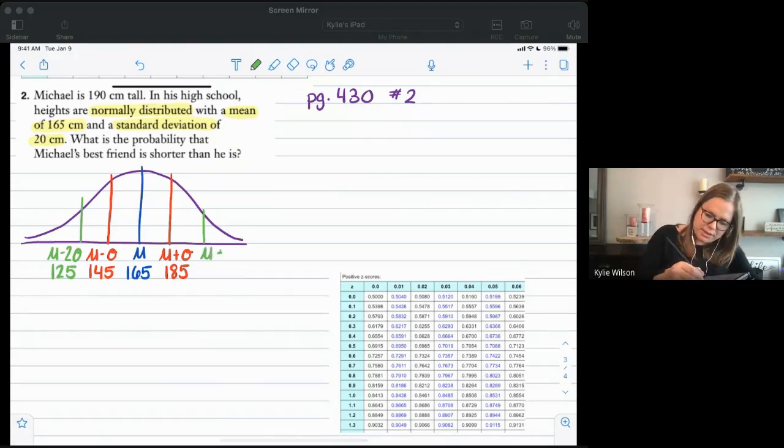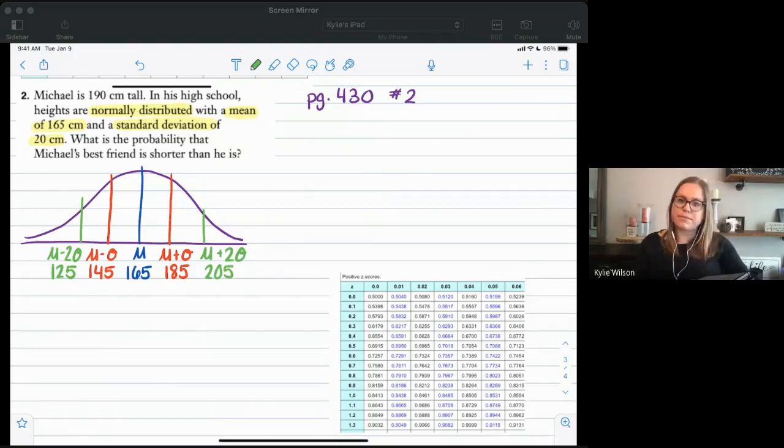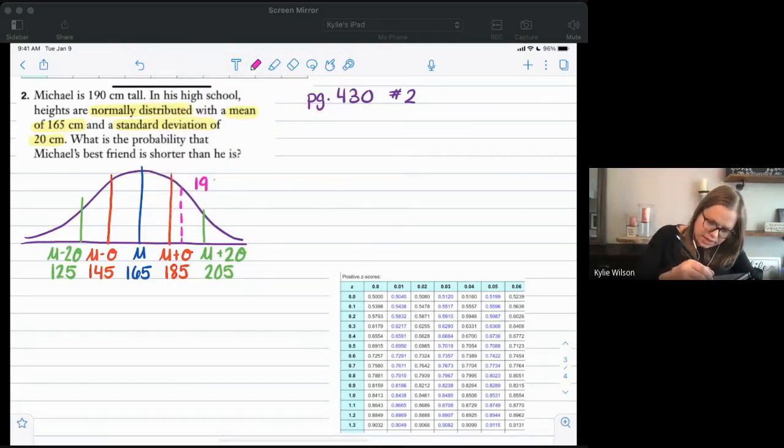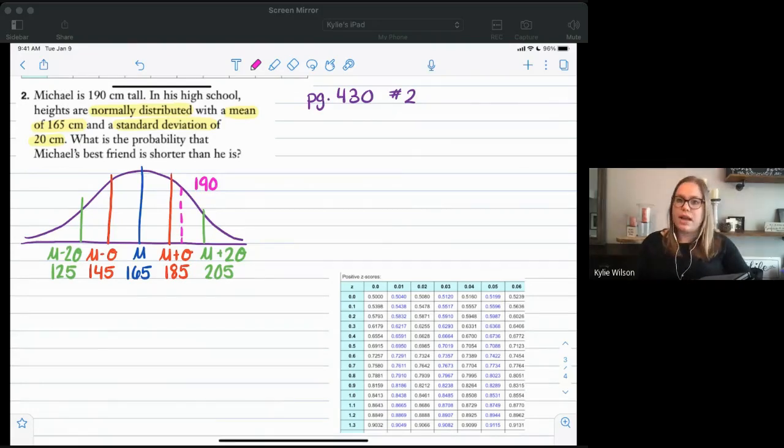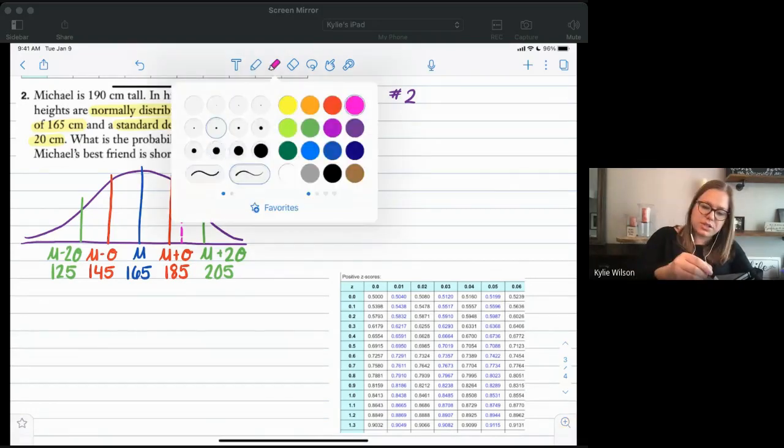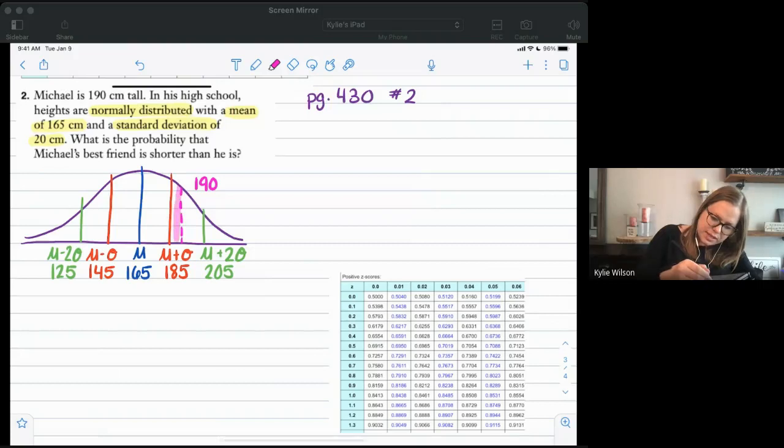And my mean plus 2 standard deviations is 205. Now, Michael is 190 centimeters tall, so we're looking right here. And we want to determine the probability that another student is shorter than Michael, or that their height is less than Michael. So we're looking for this area under the curve here. This is what we're looking for.